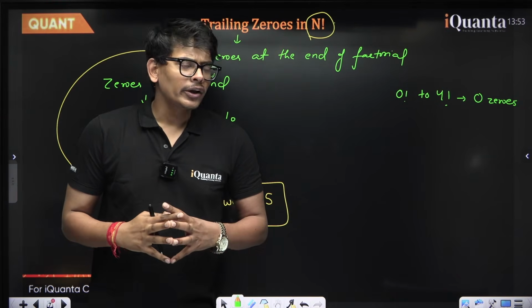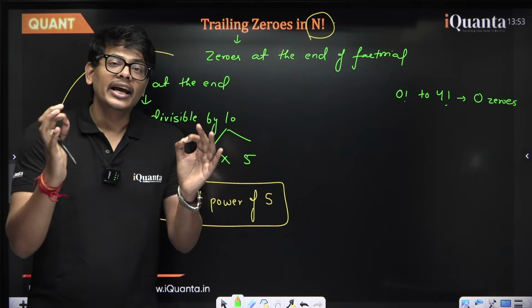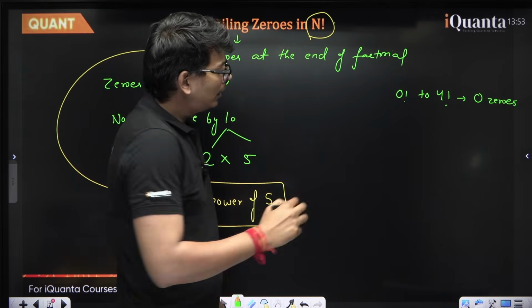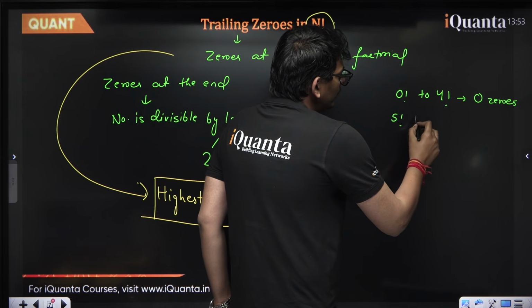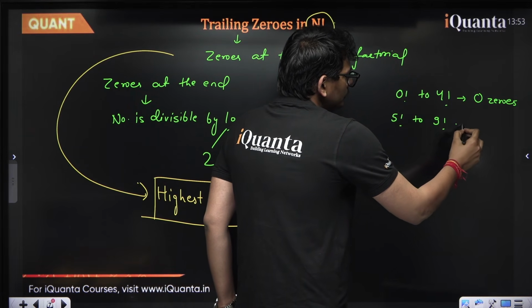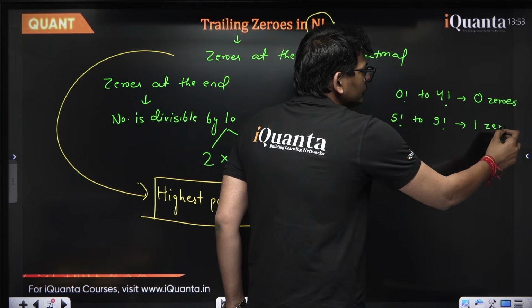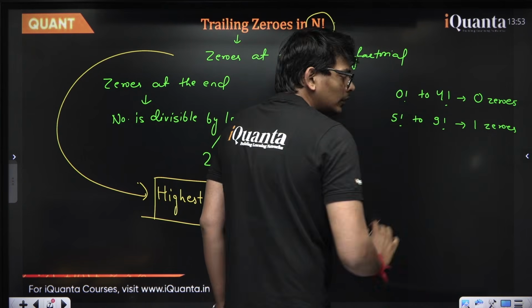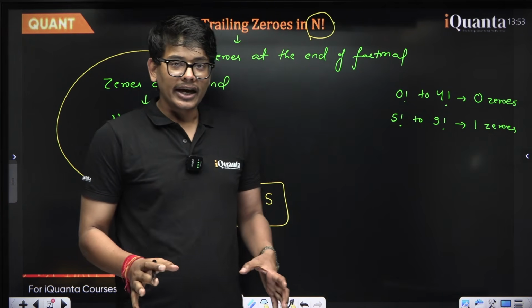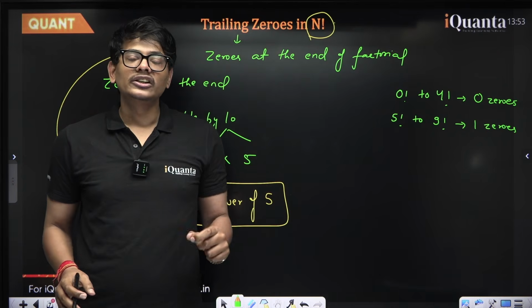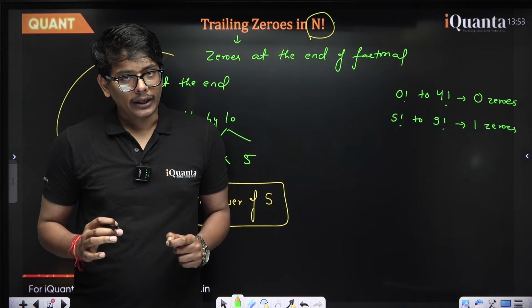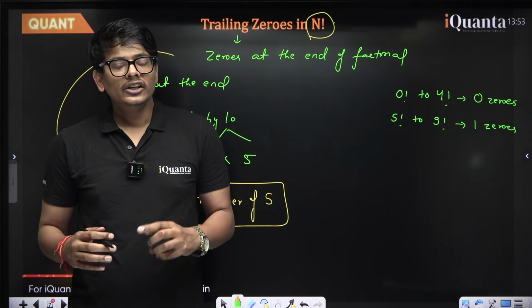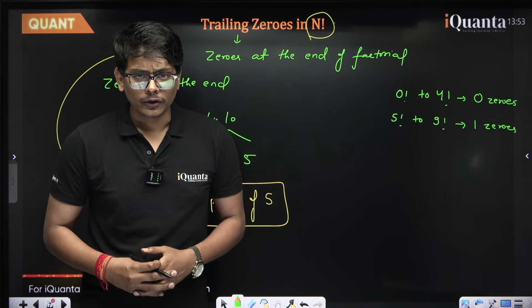Because 4 factorial is 24, it does not end with any 0, right? 5 factorial till 9 factorial, number of zeros will be 1. You can check this. 5 factorial is 120. 6 factorial also contain 1 zero. 7 also, 8 also, 9 also.